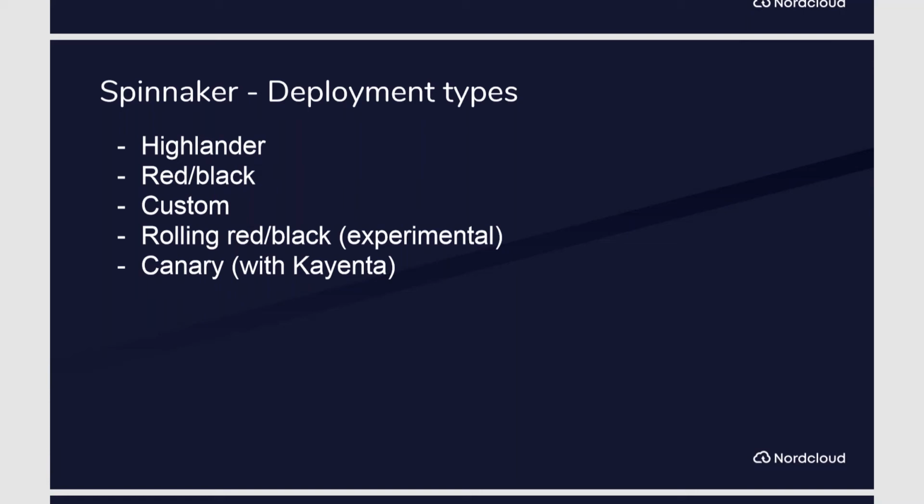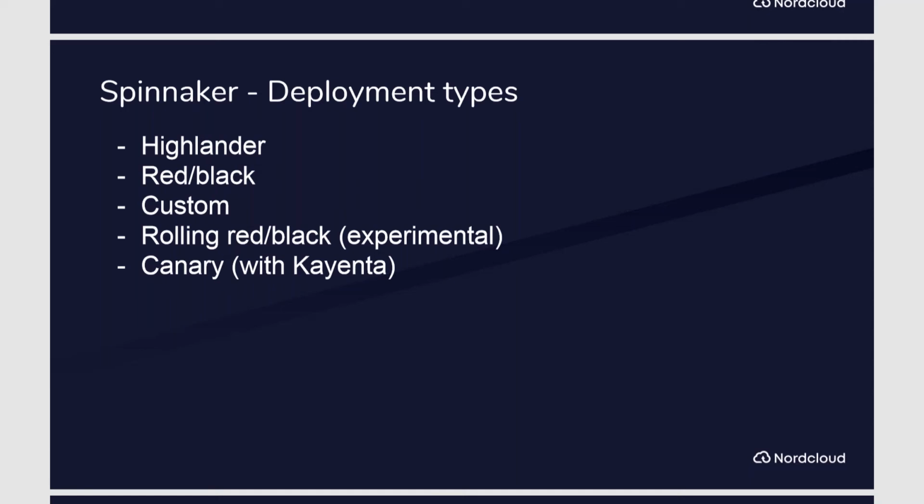And the next one is red-black. This is the Spinnaker term for blue-green deployments. I don't actually remember the history of why they chose red-black, but it really doesn't matter. It's basically the same as blue-green. And then the third one is the custom deployment type. I implemented one of these for a customer for a certain application.